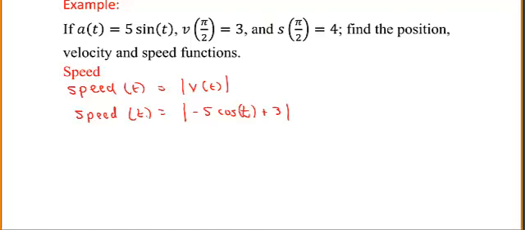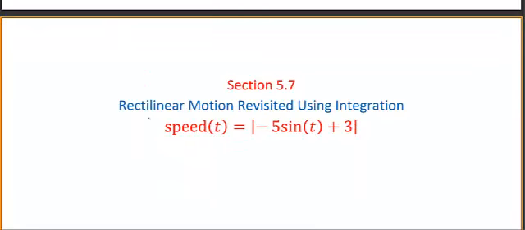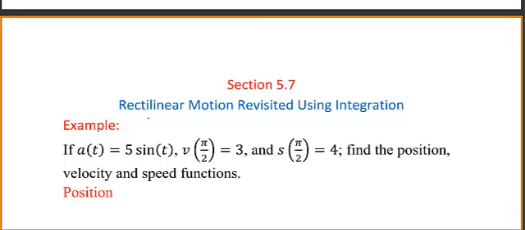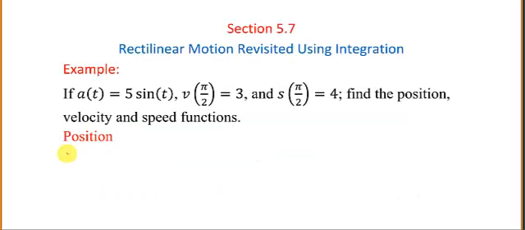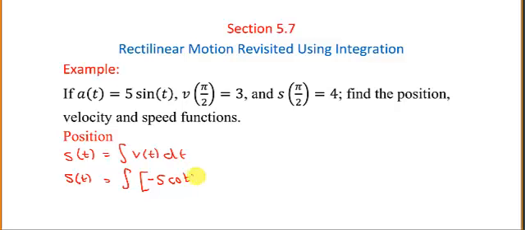And then finally, our position function. The position function is an antiderivative of velocity. So that's going to be an antiderivative of negative 5 cosine of t plus 3.